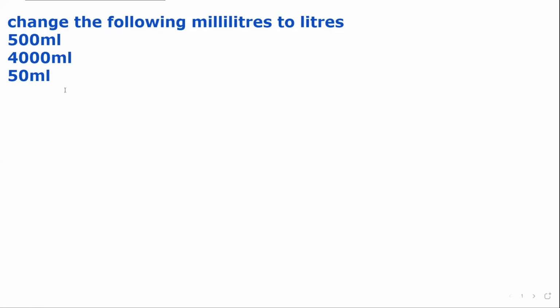You write your solution here, and then you state the standard, or the difference between what? The liters and milliliters first.